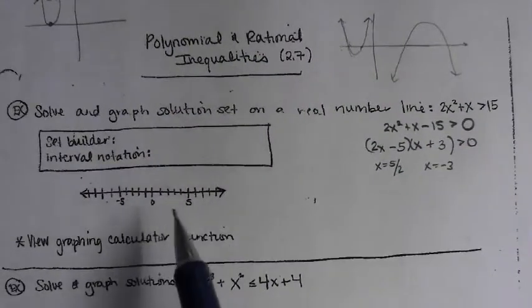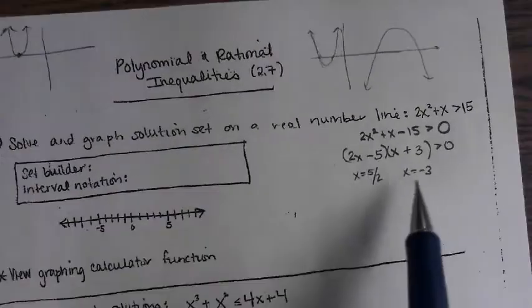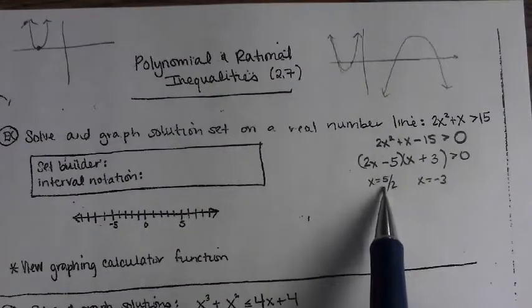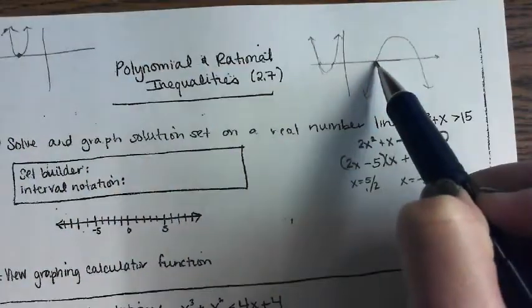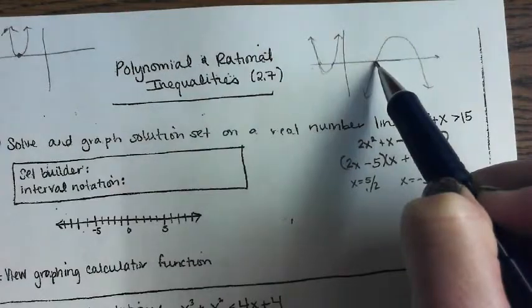So when I go to plot these, is 5/2 in and of itself going to be a location that's greater than 0? If 5/2 is a root, is that going to be greater than 0? No. If you're a root, you're not positive and you're not negative.